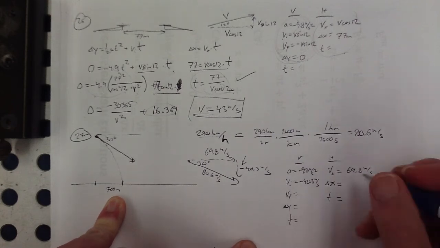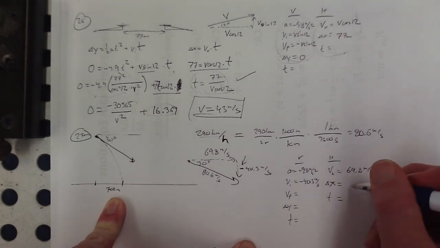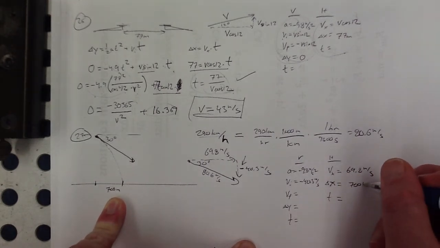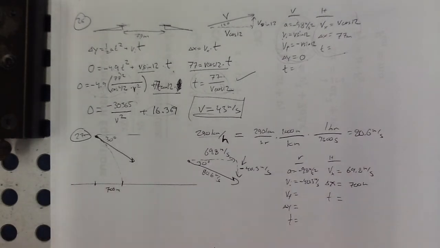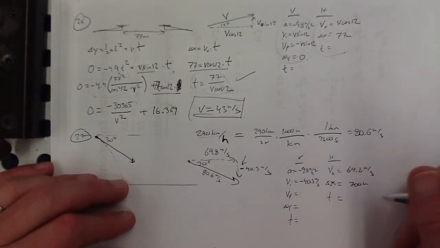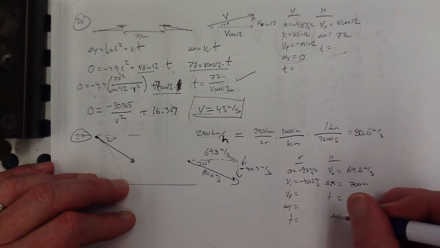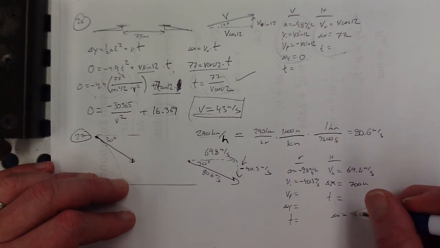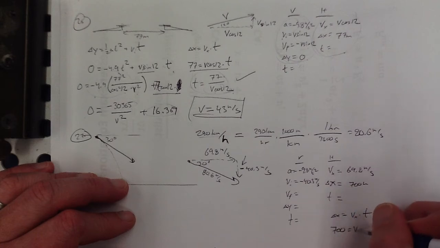That's not going to change. And then the delta x is 700 meters. Okay, so setting up the equation, delta x is equal to Vx times t. Looks like it's about 10 seconds.